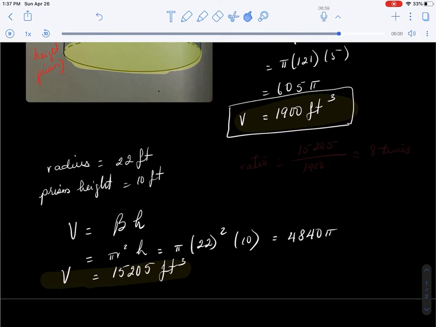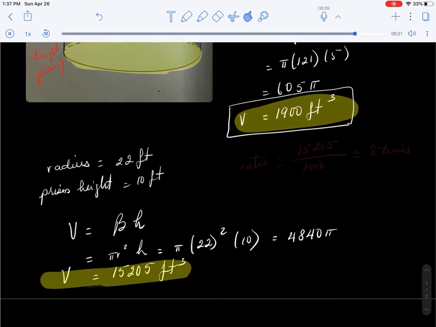Okay, in order for me to answer how doubling the dimensions is going to affect the volume, okay? So I have 1900 if it's just the regular dimensions, and over here I doubled it already, so I'm going to have 15,205.